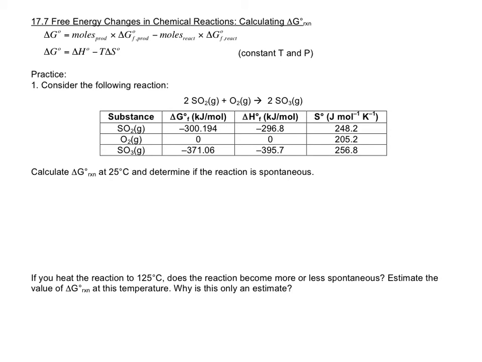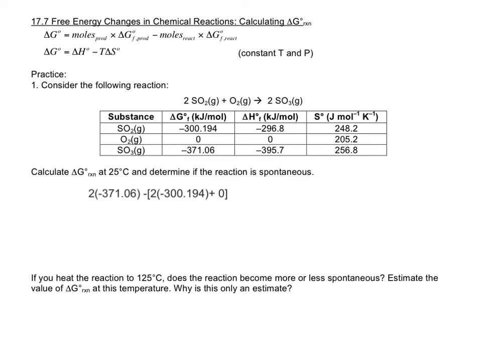So what we have is the moles of product, which is 2 times delta G of SO3, which is negative 371.06, minus the same thing for the reactants. So we have 2 times negative 300.194 plus 0. So the delta G for O2 is going to be 0.